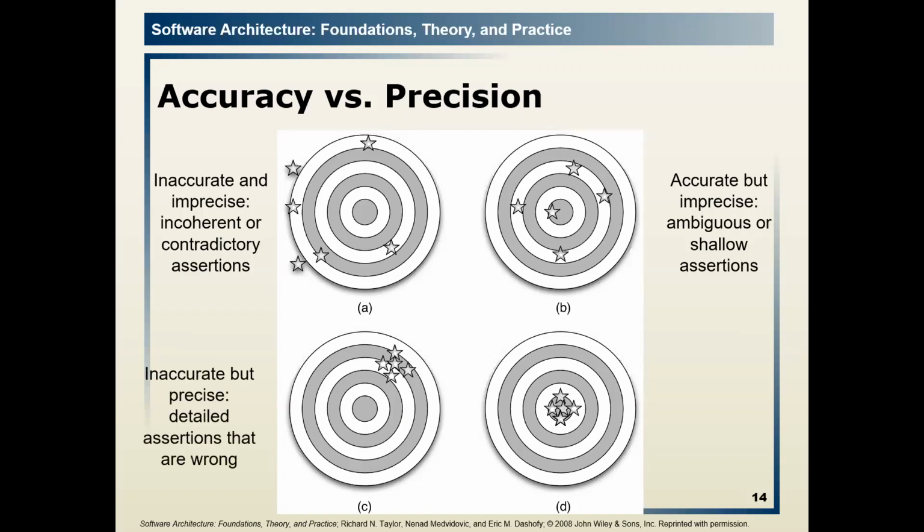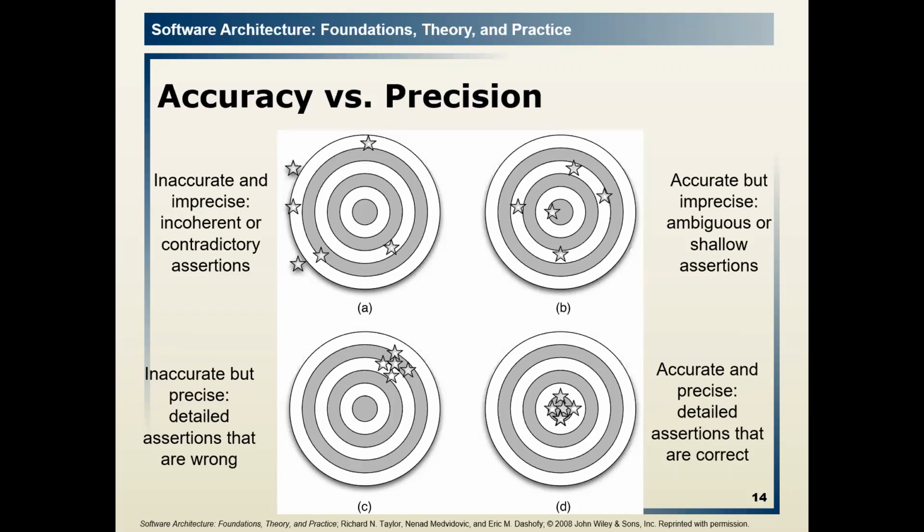Then C, you are off the target, but it is precise. So you are inaccurate but precise. So detailed assertions that are wrong will lead you to inaccurate but precise systems, precise models. Then to get accurate and precise models, you will need detailed assertions that are correct, right?